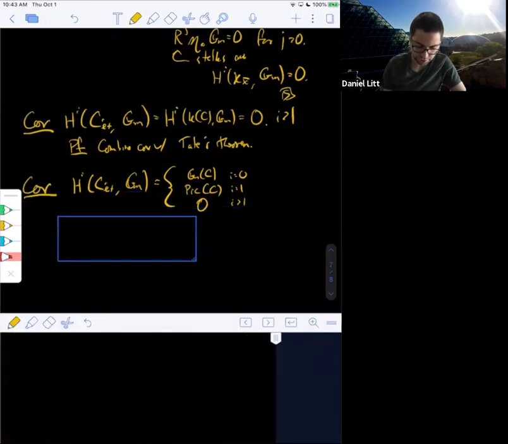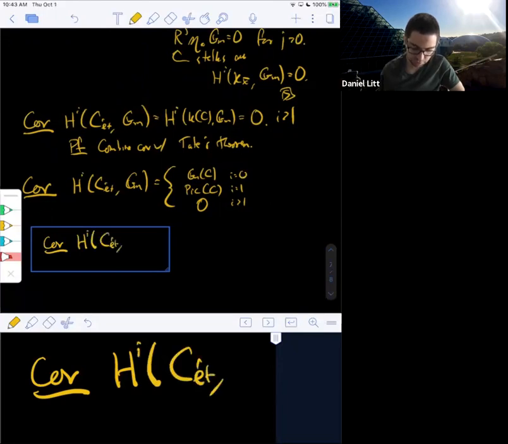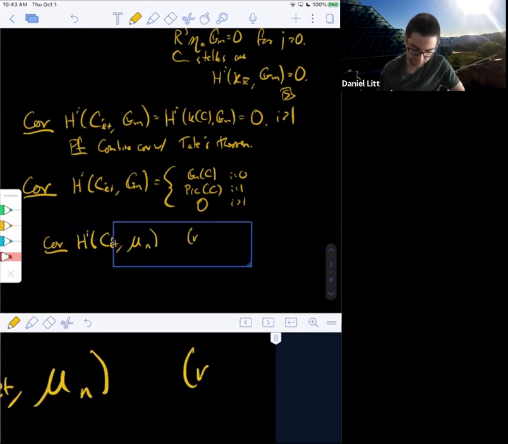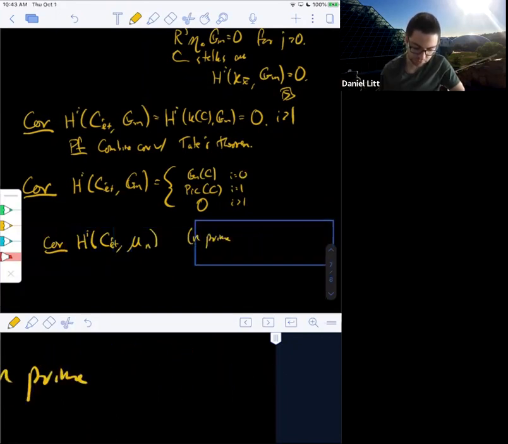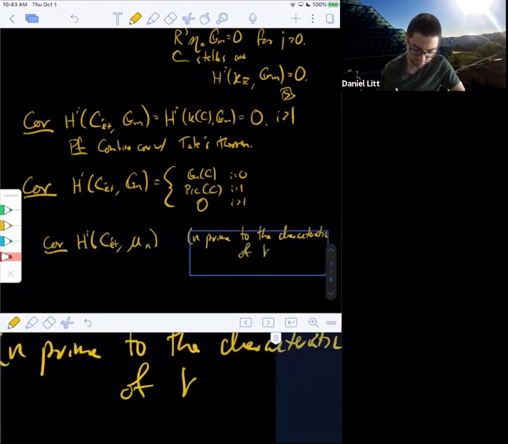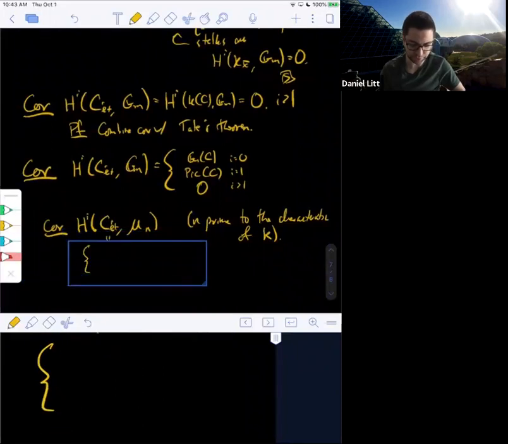All right, so now we can actually compute the corollary. I'm going to state it slightly differently from how I've been doing it before. So we can compute the cohomology of C étale with coefficients in mu_n, where here n is prime to the characteristic of K, where I use the usual étale cohomology convention that 0 is prime to everything, which is maybe unusual. Okay, and the corollary is that this equals something which I told you before.